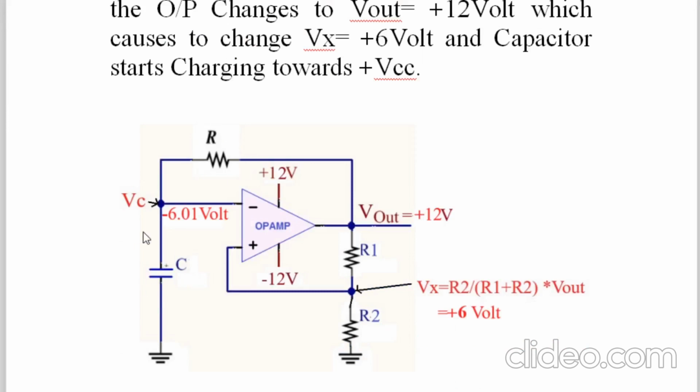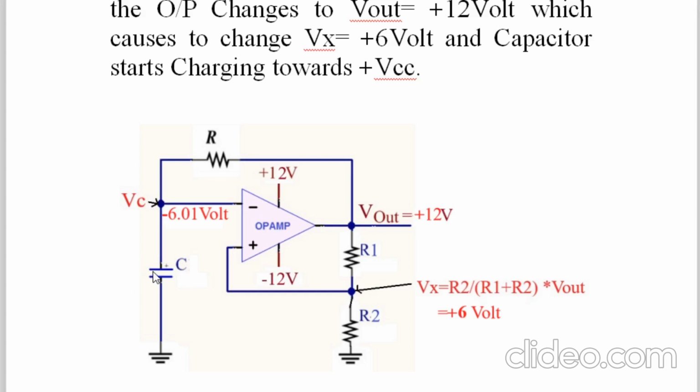It is decided by the value of R and C itself, because suppose this output is 12 volt and your resistor is in mega ohm and the capacitor is very big, then this 12 volt will take a very long time to charge the capacitor.